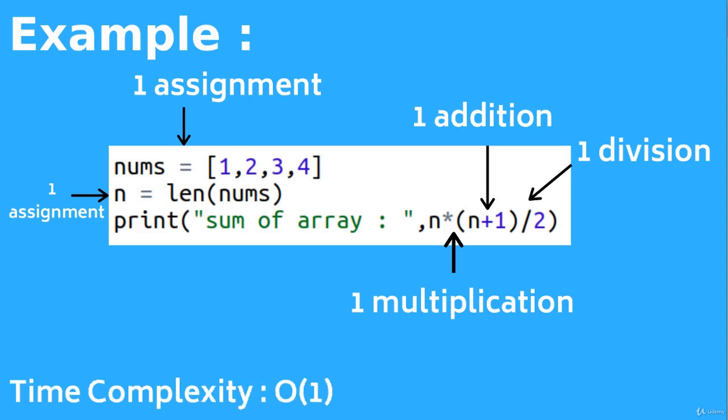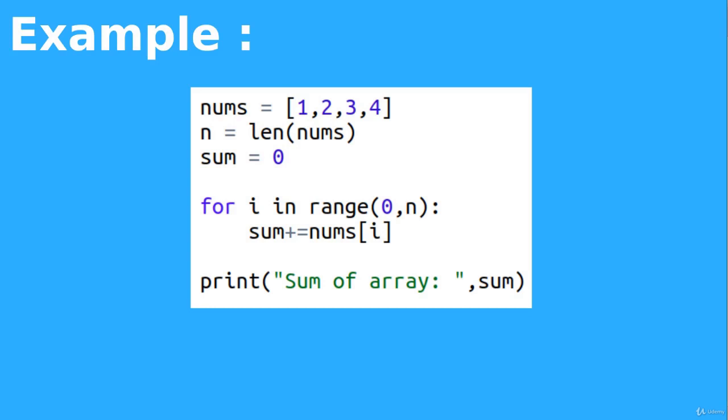In that case, we can say that the time complexity of this algorithm is big O of 1. This is how we would represent algorithms with a constant number of operations, ones that don't really care about the size of the input. They would always have the same number of operations no matter what. Of course, we're going to talk more about this in later videos, but for now, I just wanted to give you a general understanding. But now that we're done with the first code piece, let's see the other one.